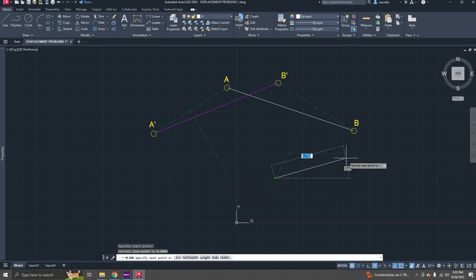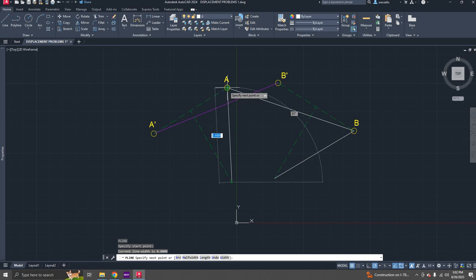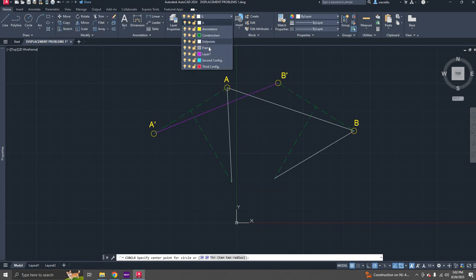So let's draw first our original configuration in white, like so. And let's just show our frame points a little better here.